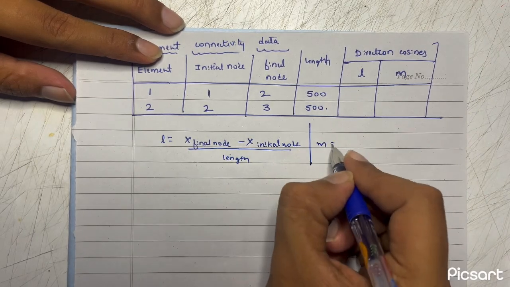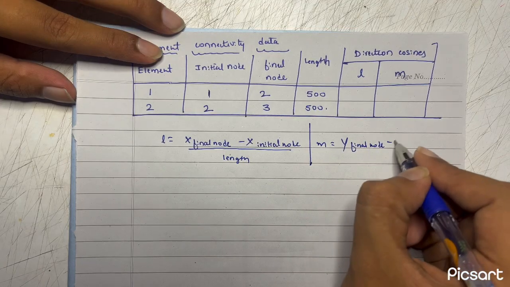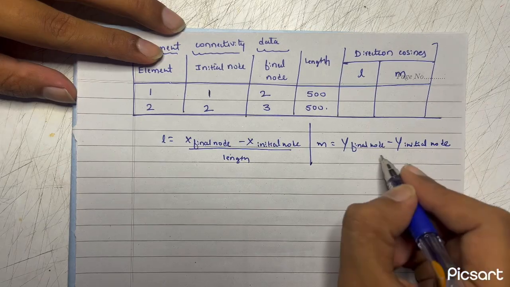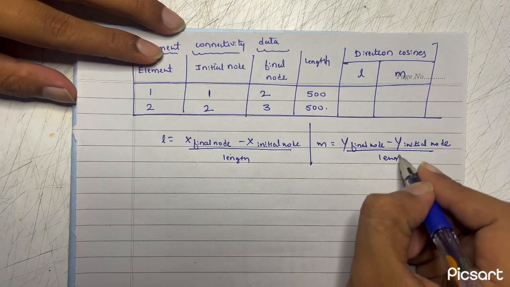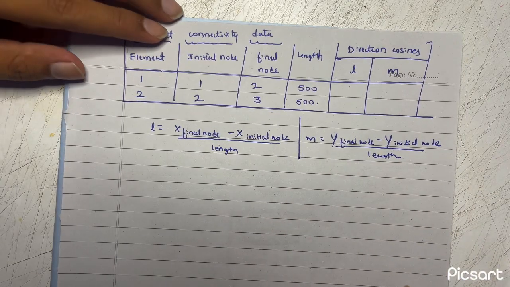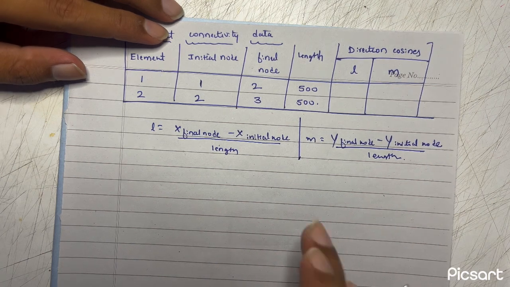Similarly, M is y of final node minus y of initial node, divided by length. So here we have two elements. We have to calculate L and M for element 1 and L and M for element 2.